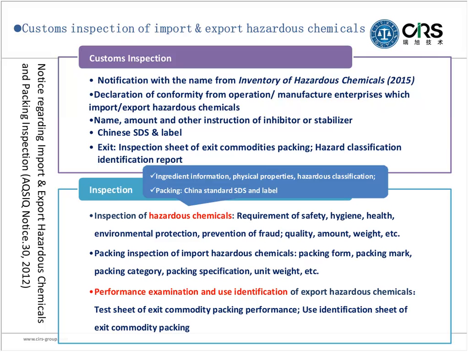Okay, so then we'd like to talk about some differences between hazardous chemicals and dangerous goods in China, which is actually a very hot topic, because many companies don't know the difference and think they are the same thing.